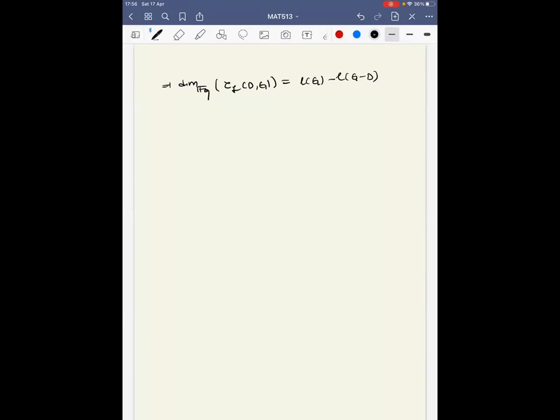And for the minimum distance, let me consider a non-zero code word from C. That means, by the definition, it is going to be the evaluation of a function, or the image of a function under the evaluation map.